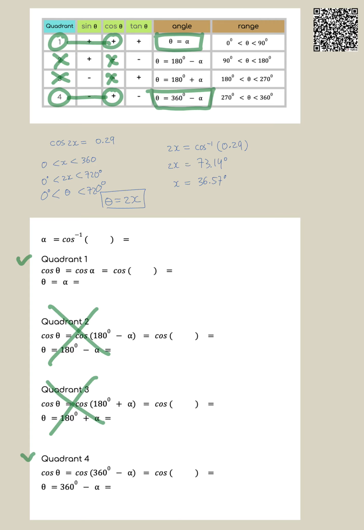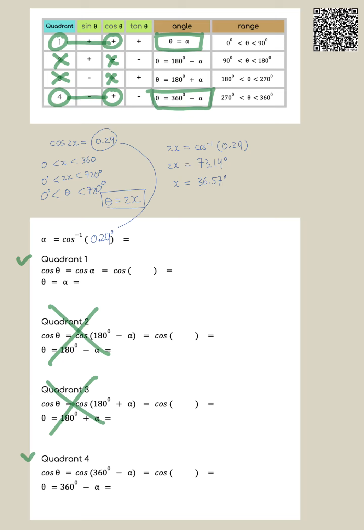So let's do this. We must find alpha first, because we need it to find the value of theta in quadrant 4. Alpha is inverse cosine of 0.29, from the question.